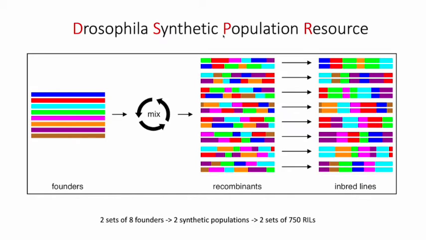In fact, the founders of this resource are now completely de novo assembled, and we know about all the structural variants and TEs in them, as well as SNPs. We basically mixed these founders, allowed them to recombine for several generations, and then made a set of actually 2,000 inbred lines. So investigators order these lines up, measure them for some quantitative trait, and can basically map QTL to sub-centimorgan intervals.